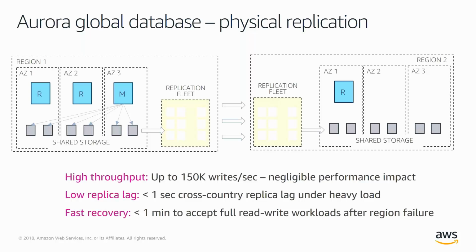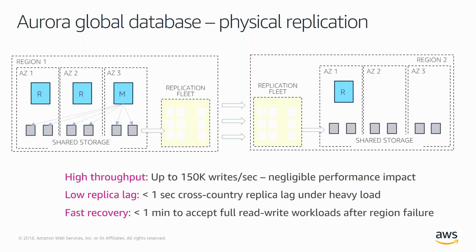And it will receive a copy of that redo log, and it will send it across the wire to the other region. And the other region, that replication fleet will receive it, and then it will play those back across the shared storage volume in the other region. And so it's effectively performing the same type of write as what happened in the first region.